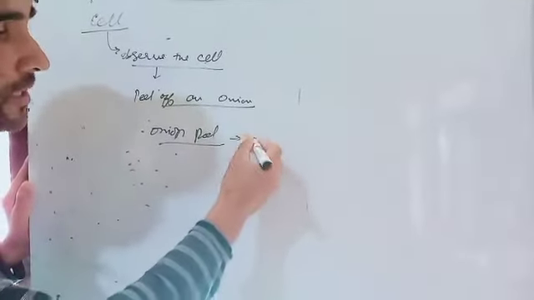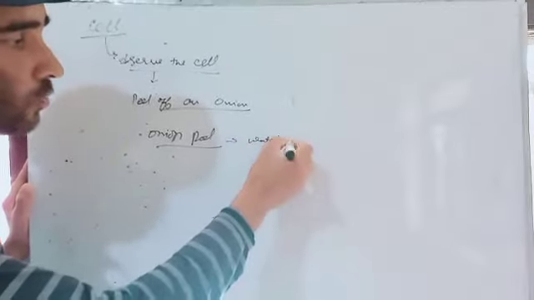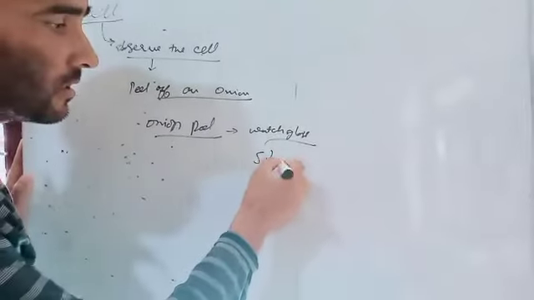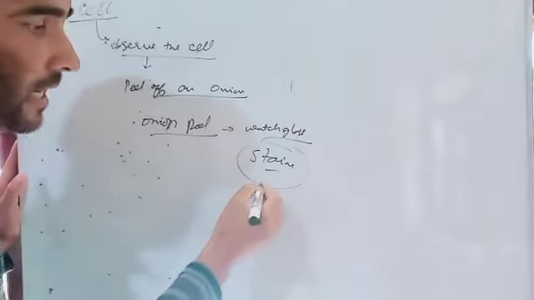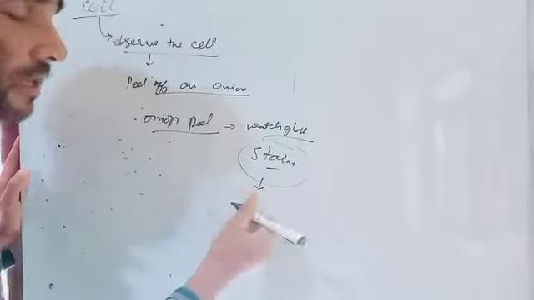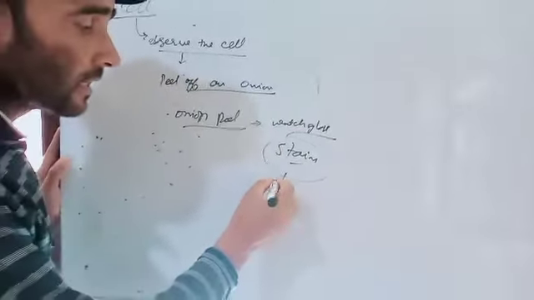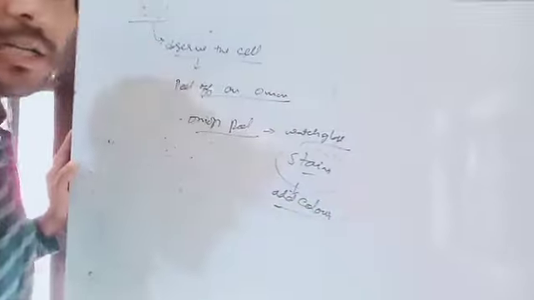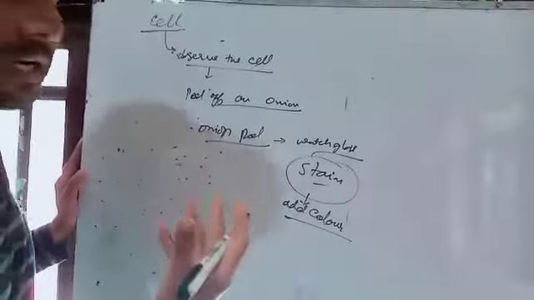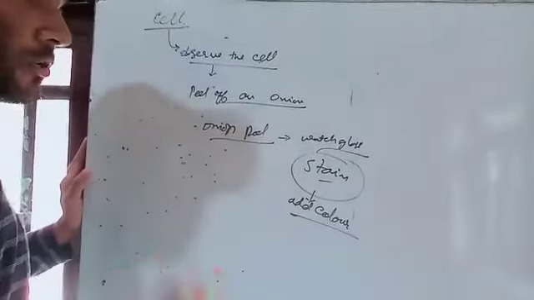You have to keep it in a watch glass, and add some dye or stain to it. The stain adds color to the cell, so that it is clearly visible to us.